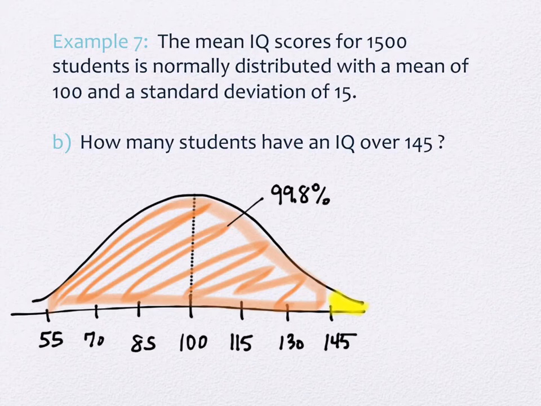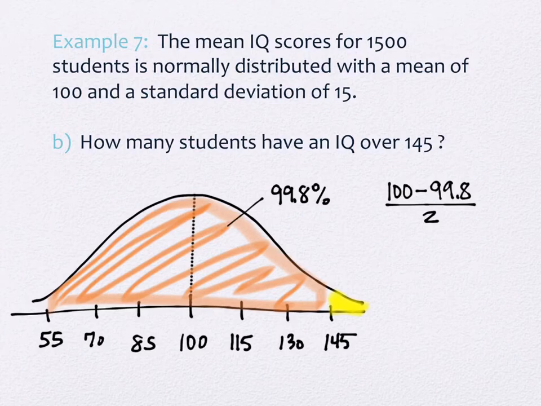99.8. So I need to know how much I don't have, right? Well, how did I do that before? Subtraction, 100 minus the 99.8. And I'm only doing the bottom end or the top end, like 1/2 of it, right? So I'm going to divide it by 2 again to get just that half piece that I want that's shaded in yellow and not both of the extremes.